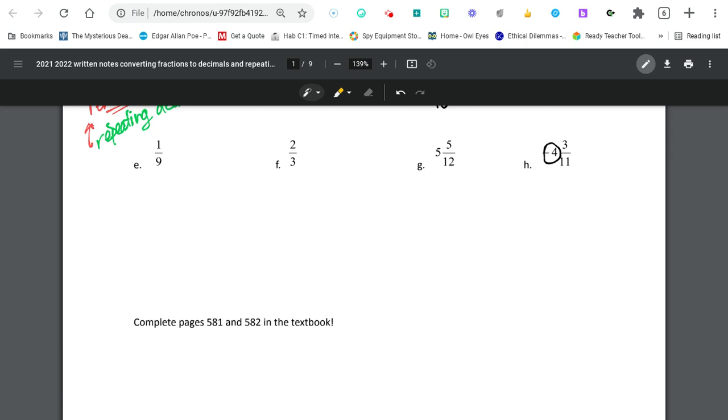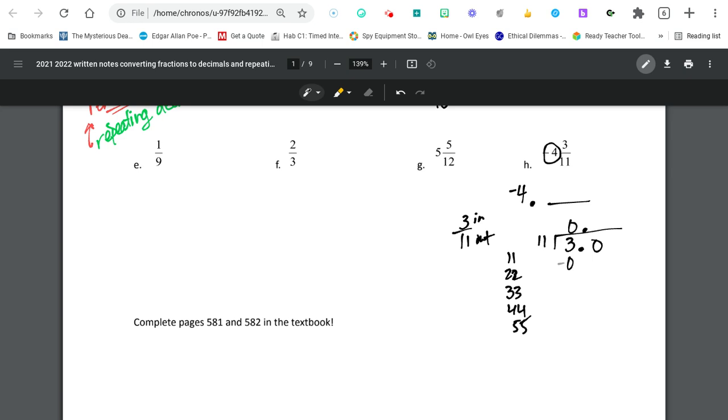I'm going to keep this -4. And I'm going to T-bow only 3 11ths. Add a decimal and a 0. 11, 22. I'm just going to skip count by 11s.